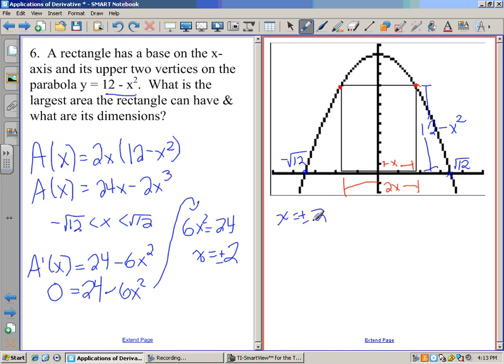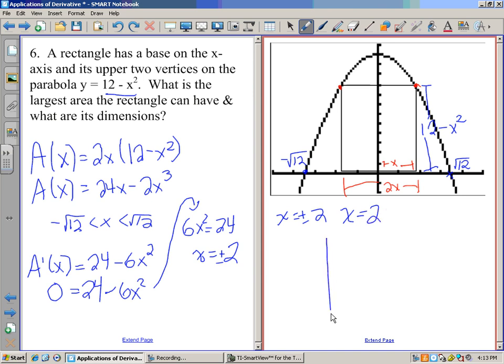And I'm not going to consider negative 2 because at negative 2, I'm really just considering the distance along my x. So at negative 2, that would make this length a negative length, which doesn't make any sense at all. Okay, so if we consider this a length, the distance from this vertex to this vertex is going to be 4. So let's just consider x at positive 2.